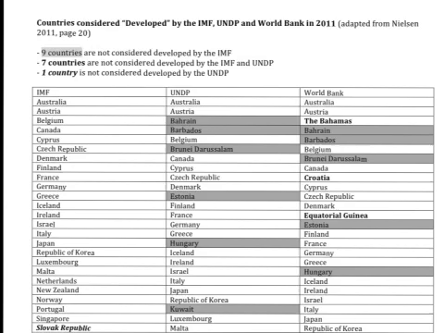So we have 3 important international organizations not agreeing on who is developed and who is not. Again, IMF 31 countries, UNDP 39, World Bank 47.